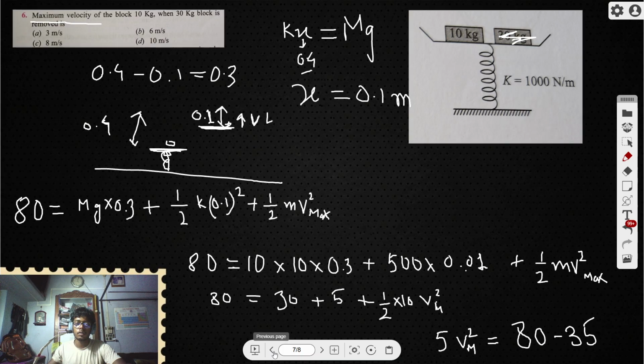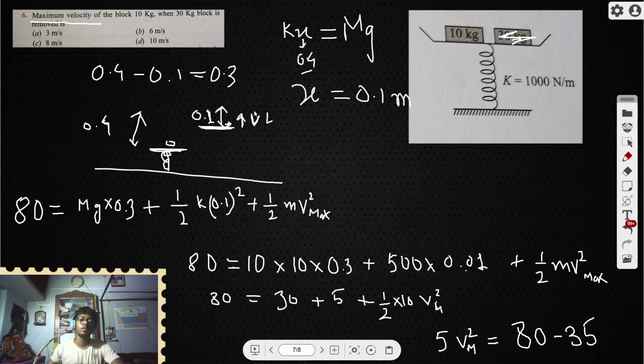So the maximum velocity of the block when the 30 kg block is removed: the 10 kg block goes to a height where its new compression length is 0.1 meter, and after that it jumps some height. We calculated the maximum height in the fifth question, that was 60 centimeter.